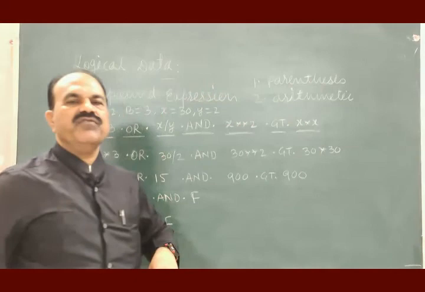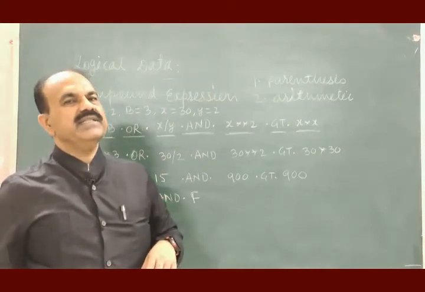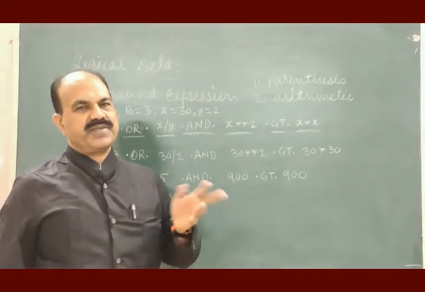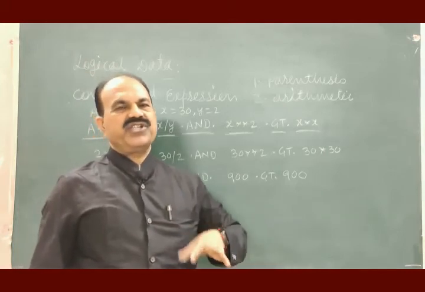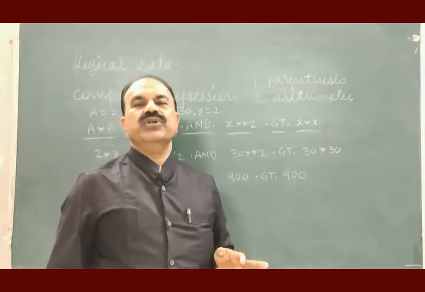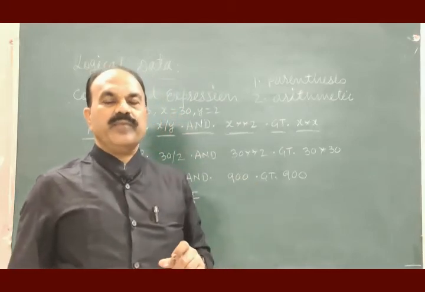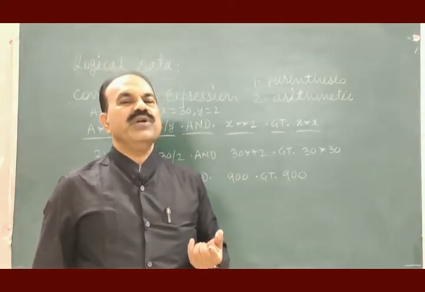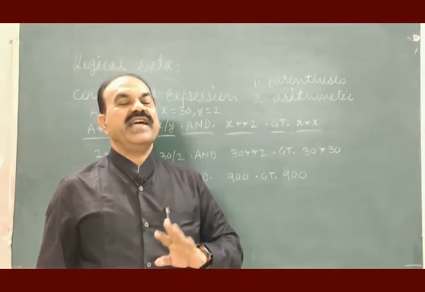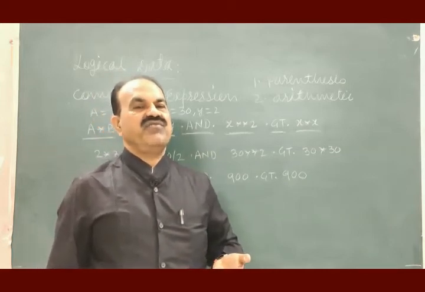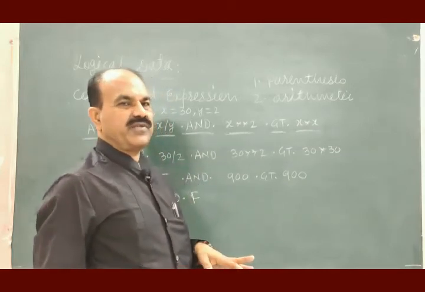Second priority is given to arithmetic expressions: addition, subtraction, multiplication, division. And you know, in arithmetic expressions, the first priority is given to multiplication and division, and after that the second priority is given to addition and subtraction.